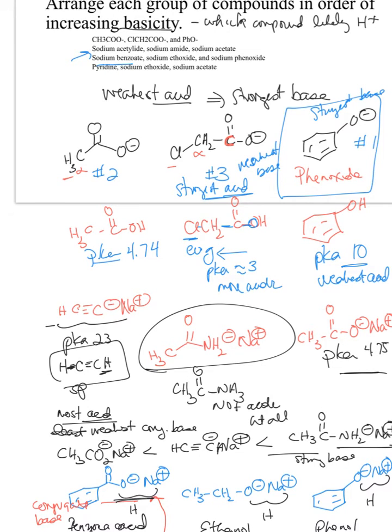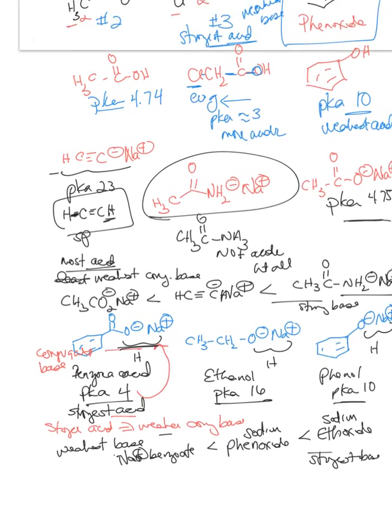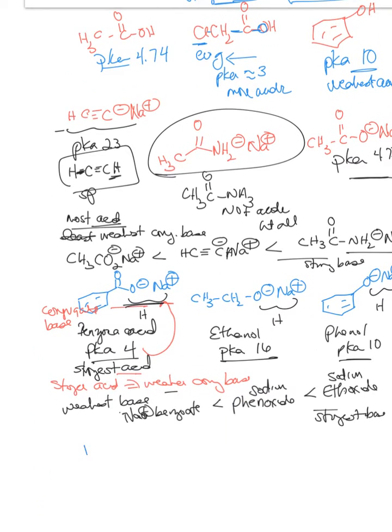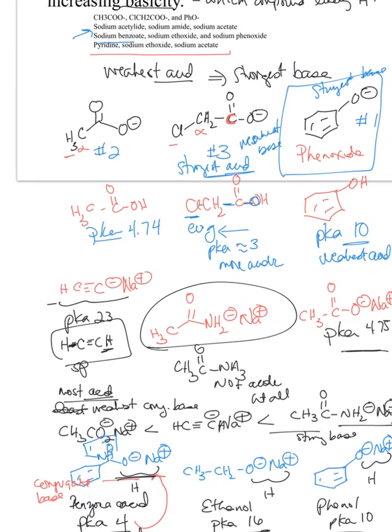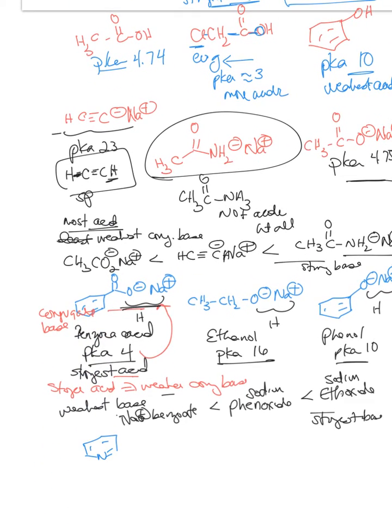Our next group is this group right here: pyridine, sodium ethoxide, and sodium acetate. So this is pyridine, ethoxide, and then sodium acetate.